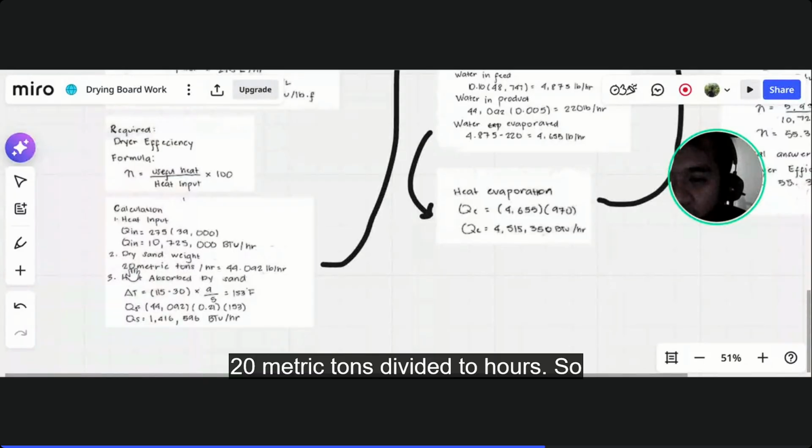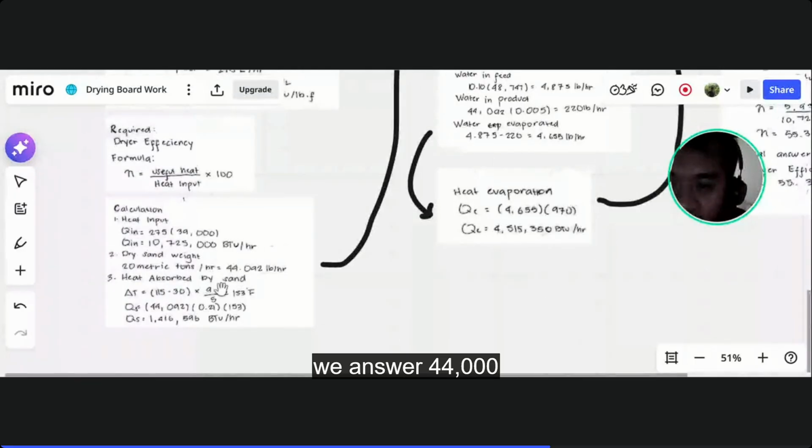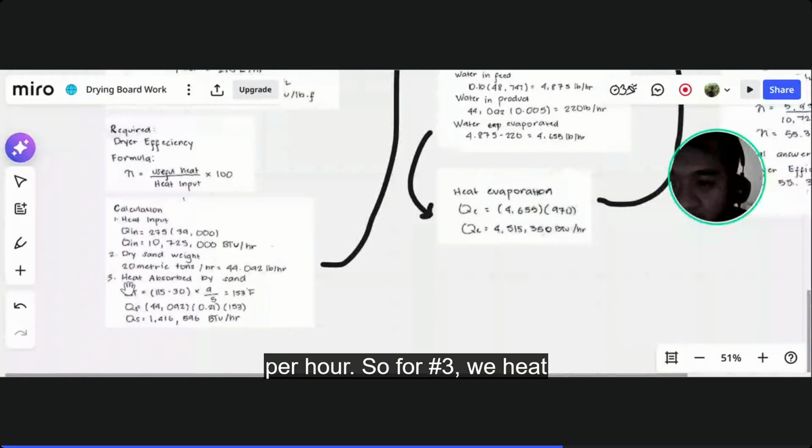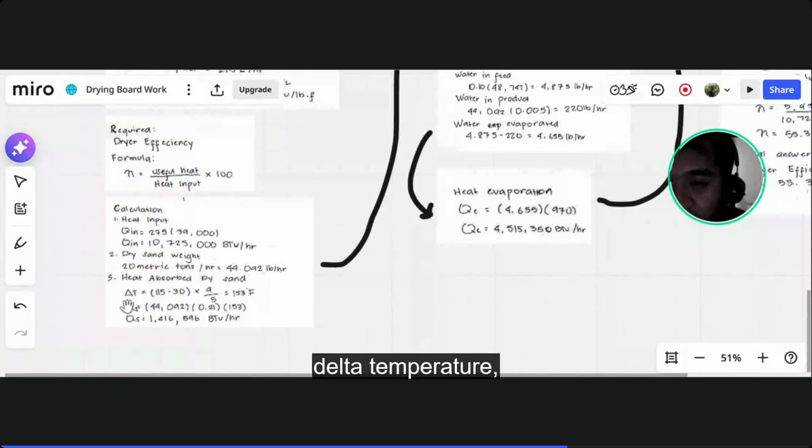We have 20 metric tons per hour, so we answer 44,092 pounds per hour. For number three, the heat absorbed by the sand, delta temperature, we have 115 minus 30 times 9 divided by 5, and we answer 153 Fahrenheit.